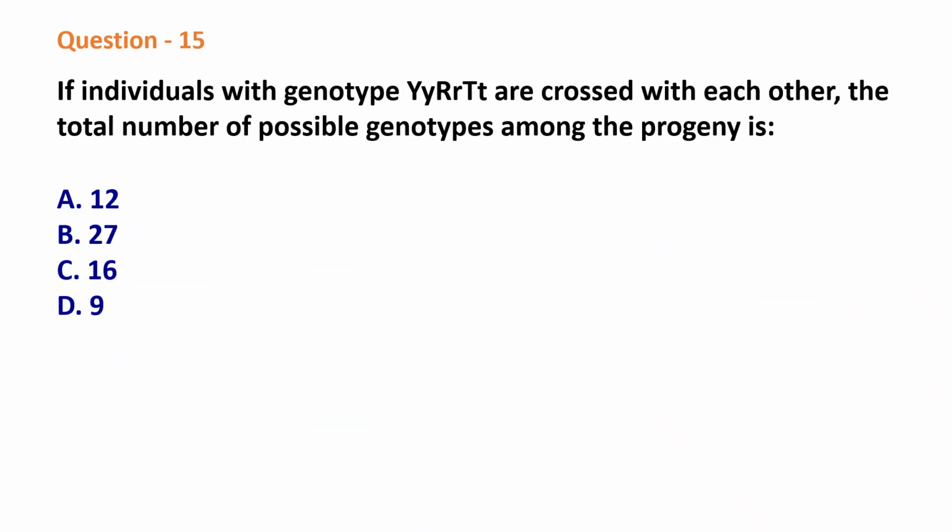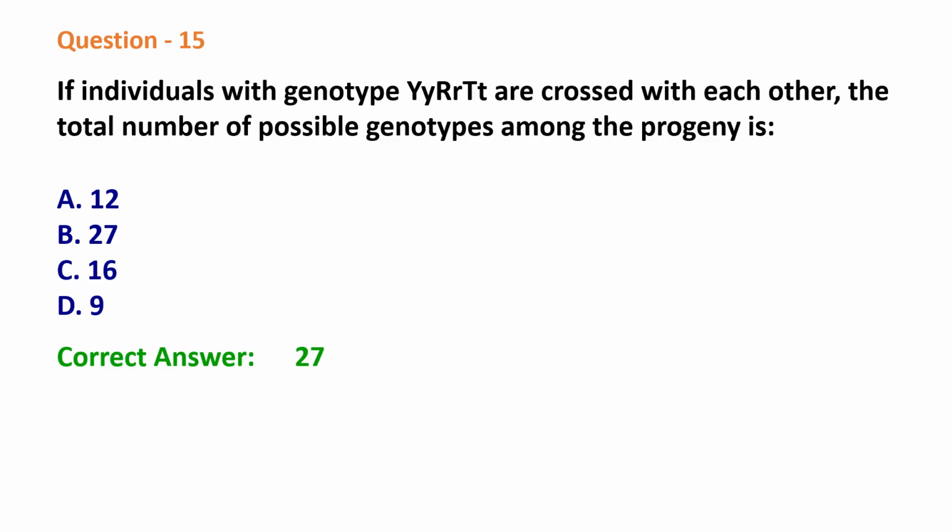Question 15. If individuals with genotype capital Y, capital R small r, capital T small t are crossed with each other, the total number of possible genotypes among the progeny is options 12, 27, 16, 9. The correct answer is 27.